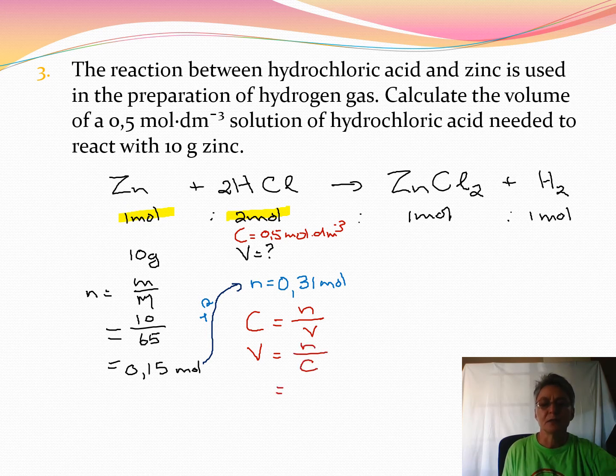Some simple mathematics for you to sort out. So it's 0.31 divided by 0.5. So 0.31 divided by 0.5 and you get 0.62 cubic decimeters. Right, nice and challenging. I hope you enjoyed watching.